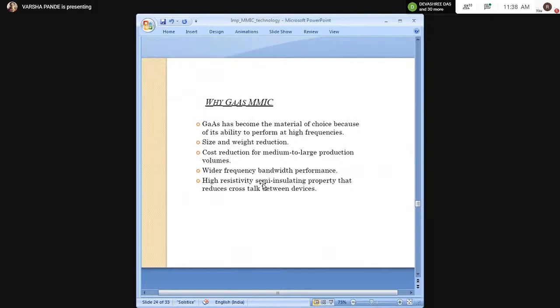Therefore some well proven technologies are there, and those technologies can be used directly for MMIC also. Then wider frequency bandwidth performance, high resistivity, and semi-insulating property that reduces crosstalk between the devices. All those are the advantages of GaAs, and therefore most of the time the most favorable substrate material is GaAs, gallium arsenide.